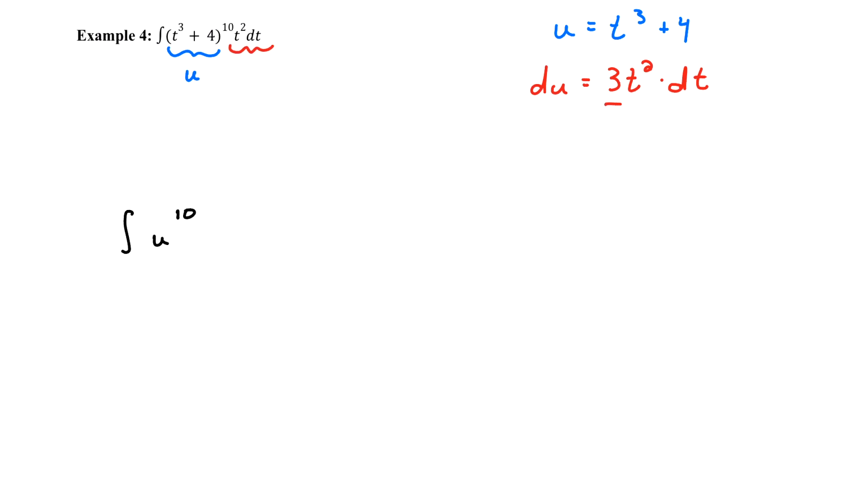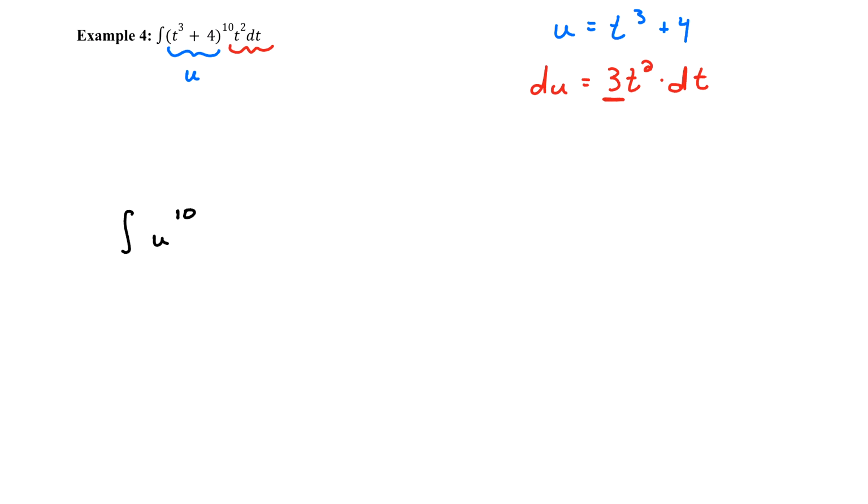Well, if I look at my du in this case, I have t squared dt, which is good. That's good news. But I also have this extra 3 that doesn't appear in my indefinite integral at all. So what that means is the substitution doesn't line up exactly right, like I'd like it to.